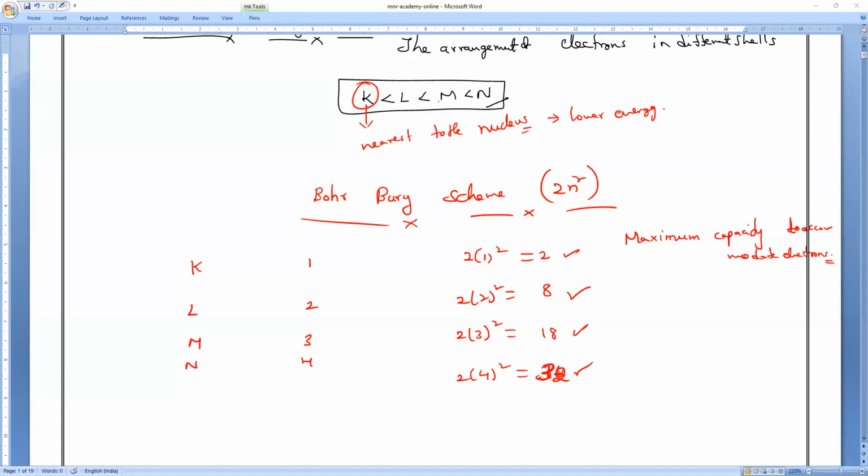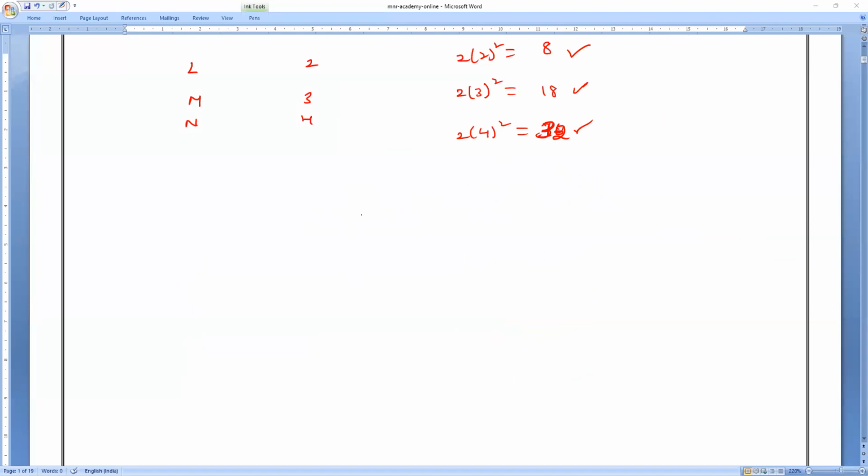Please remember, X is the symbol of the element, the subscript defines the atomic number and the superscript defines the atomic mass. Atomic number means only the number of protons.